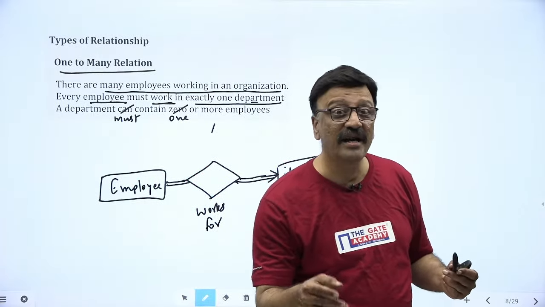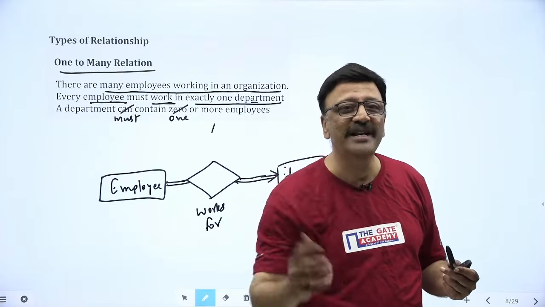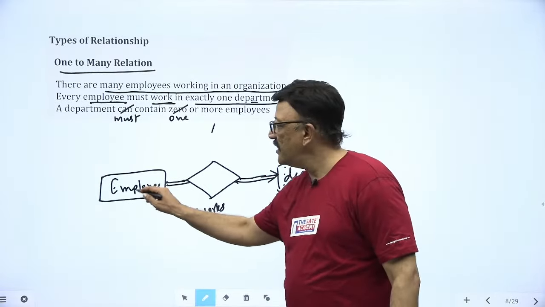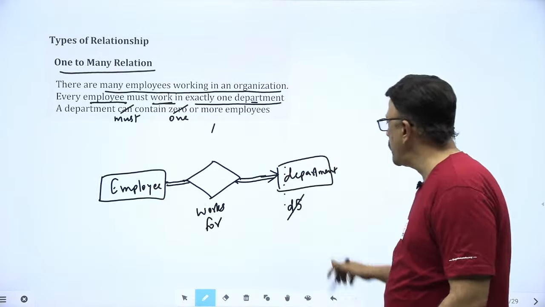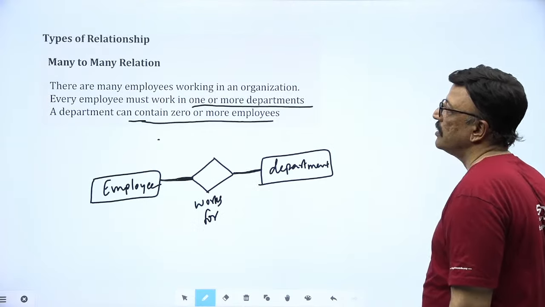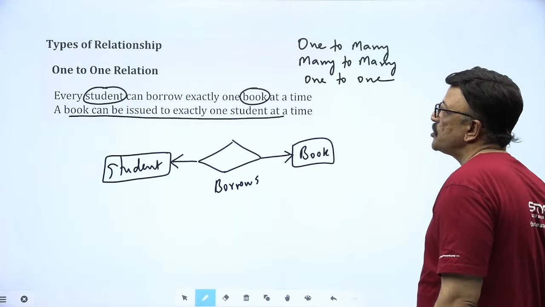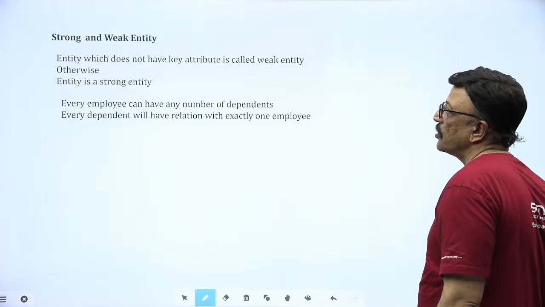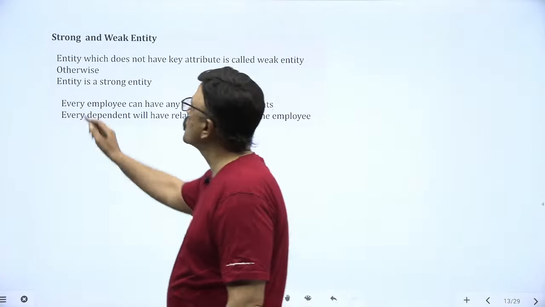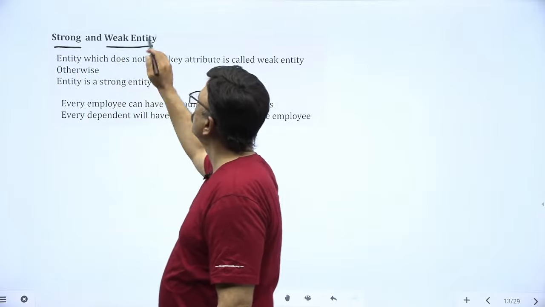But I said there are types of entities also. I didn't teach. I'm talking about this entity like employee or department. There are types of entities. Let's now check the types of entities. Okay. Now you see there are 2 types of entities, strong entity and weak entity.